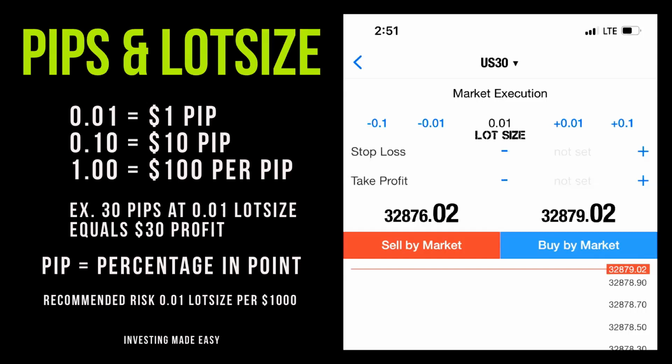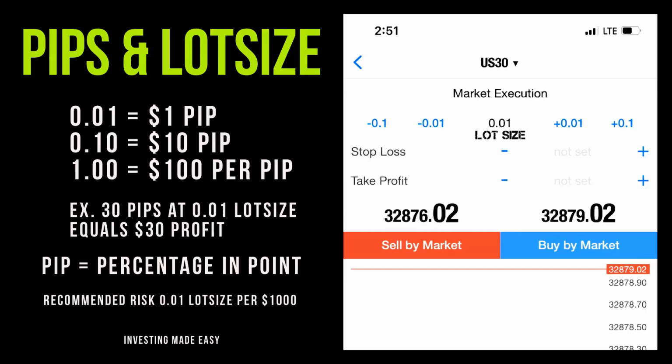Yeah, think about that. If we used our recommended lot size, right? Risk 0.01 lot size per 1,000. If we say recommended risk is 0.01 per 1,000, what kind of balance would you need? Proper risk. What kind of balance would you need? Okay, what's recommended to trade at a 1.00 lot size? Can somebody tell me?